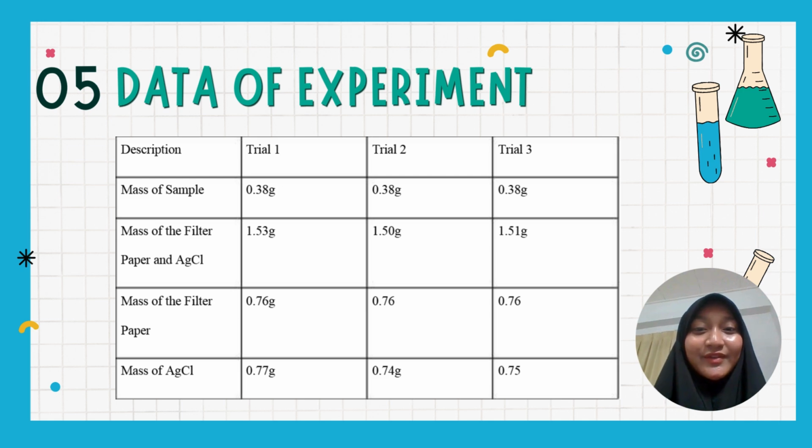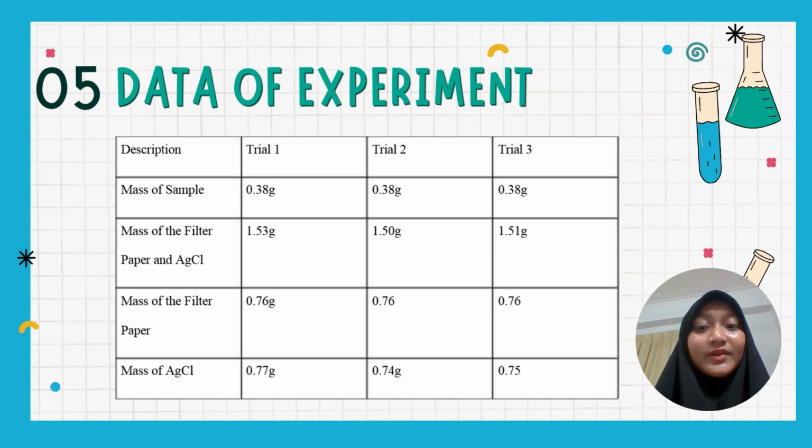So moving on, we have the example of results for the data of the experiment. In this experiment, we repeated it about 3 times to make sure the results obtained are precise. So for trial 1, the mass of the sample is 0.38 gram and the mass of the filter paper with AgCl is 1.53 gram.